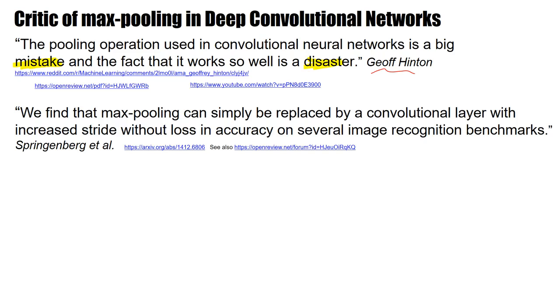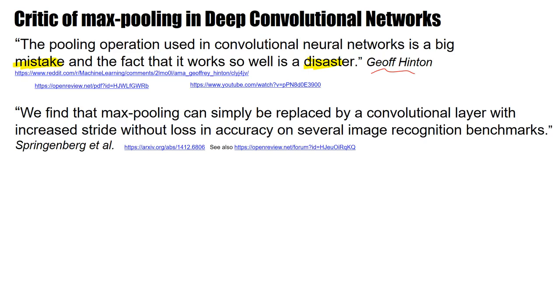Okay, why does he say this? Well, one reason is that maybe we don't want so much translation invariance, because somehow you forget where the object is. And if you have several objects on the same image, then completely forgetting the location might not be good for all tasks.